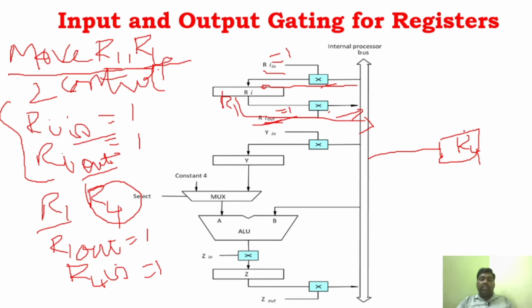If this is enabled, the information which is in the bus will be transferred to R4. So the information in R1 is transferred to the internal bus and then transferred to R4. This is the normal register transfer. This is how the content of one register is moved to another register. Clear with this? Okay.